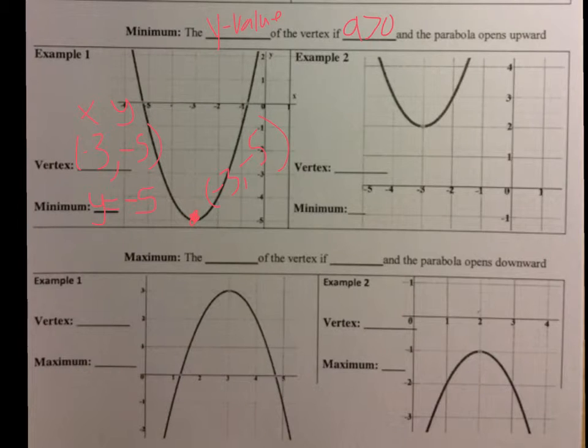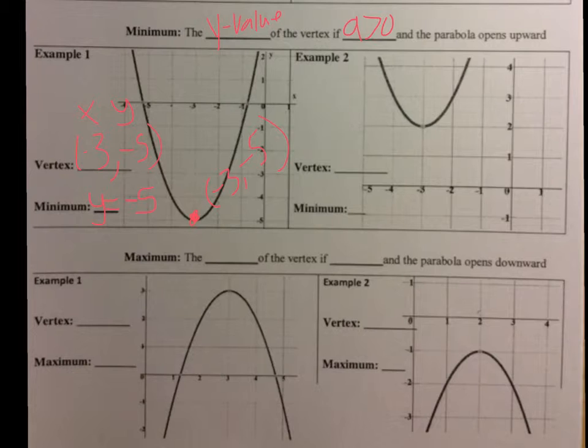Alright, hopefully you gave that a shot. If you look at example 2, again the parabola is opening upwards. That means that our a value from our quadratic equation is greater than 0, so we will have a minimum point. The minimum point here is on the bottom tip of your parabola.